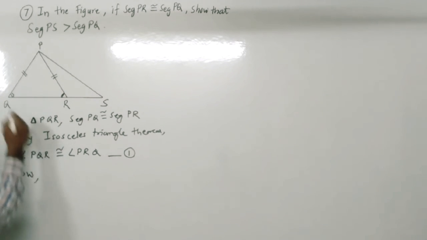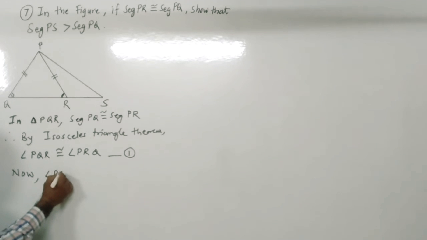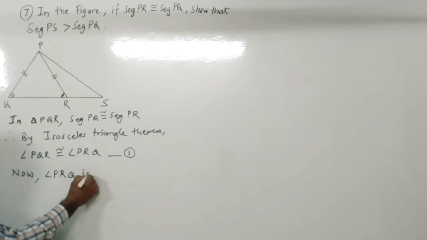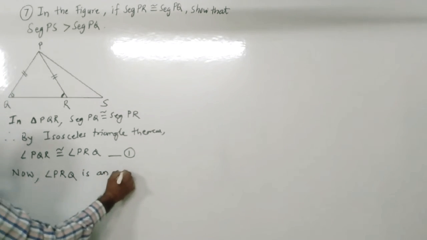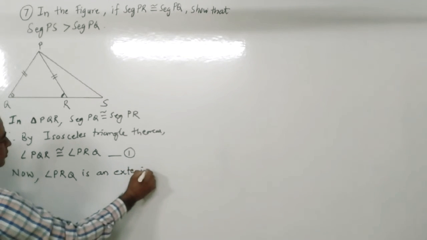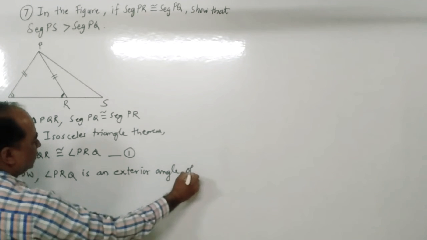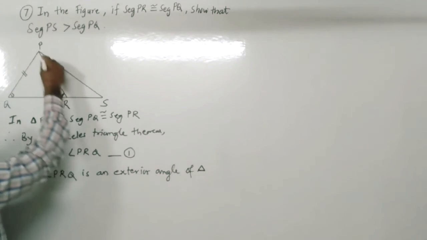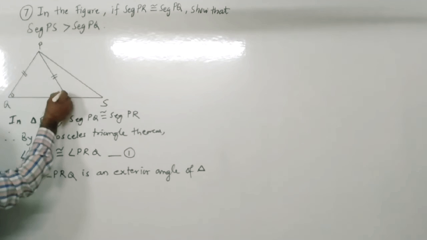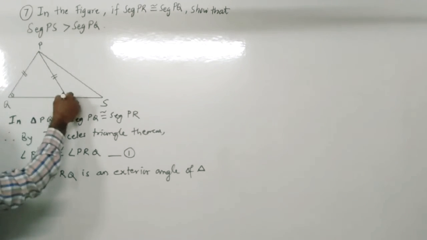Now angle PRQ is an exterior angle of a triangle. This angle PRQ is the exterior angle of triangle PRS.